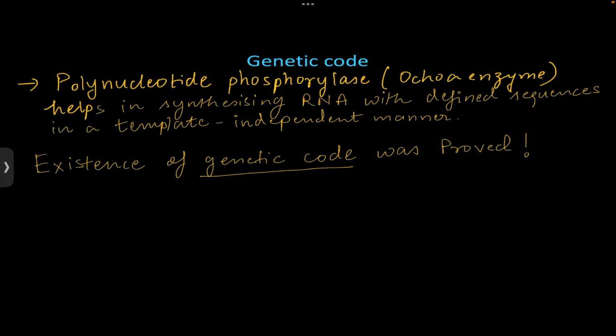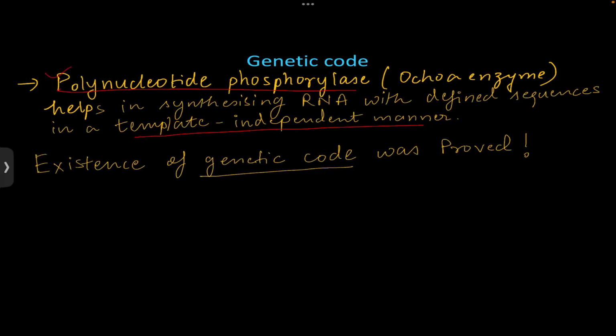And there is also an enzyme called polynucleotide phosphorylase that helps in synthesizing RNA of a defined sequence in a template-independent manner. In transcription, we need a template from which the information gets copied.